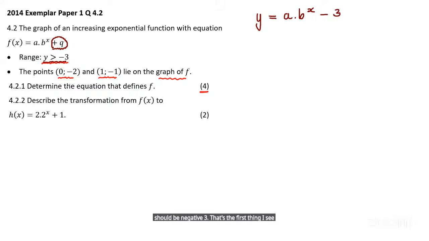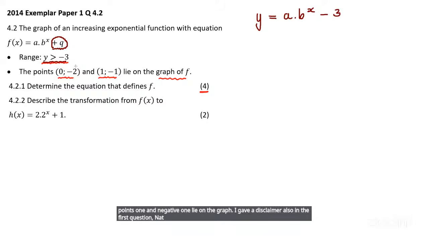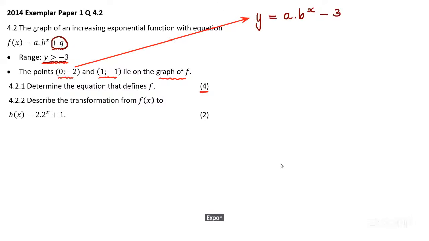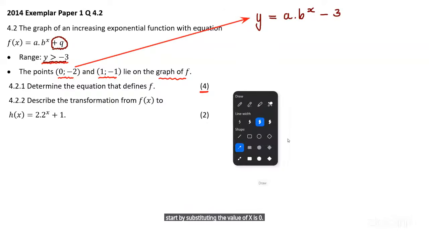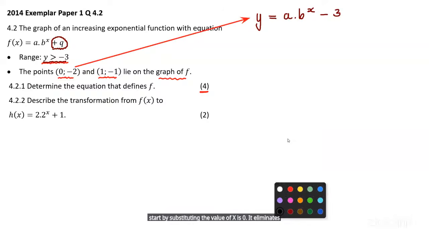Points (0, -2) and (1, -1) lie on the graph. I gave a disclaimer also in the first question: when you are substituting in a typical exponential, start by substituting the value of x as 0. It eliminates one of the unknowns.